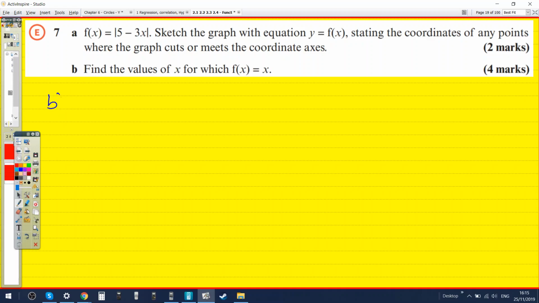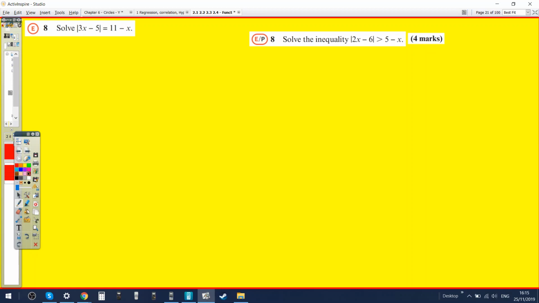Right. So then we have 5 minus 3x equals x, and 5 minus 3x equals minus x. Yeah, and then you would just solve those. I was just checking that because it's using f of x notation. I'm very confident you'll get that right.